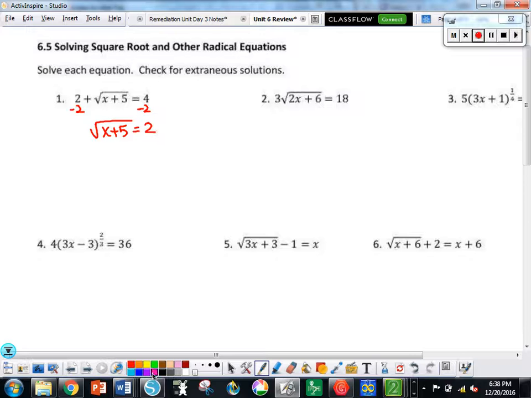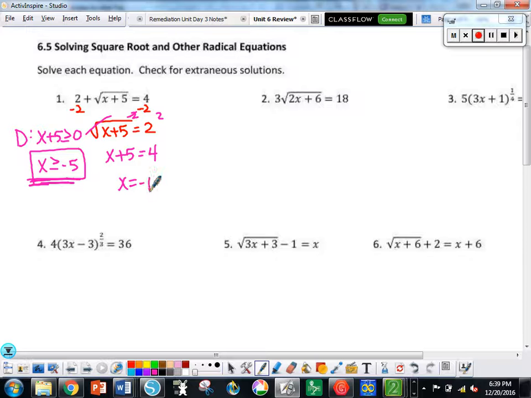The next thing you want to do is look at the domain. What values of x would work? I know that x plus 5 has to be greater than or equal to 0. So x is greater than or equal to -5. Whatever answer I get for x, it has to fit in this domain, otherwise it's not going to be a real solution. So if I square both sides, you get x plus 5 equals 4, and then subtract the 5, x equals -1.